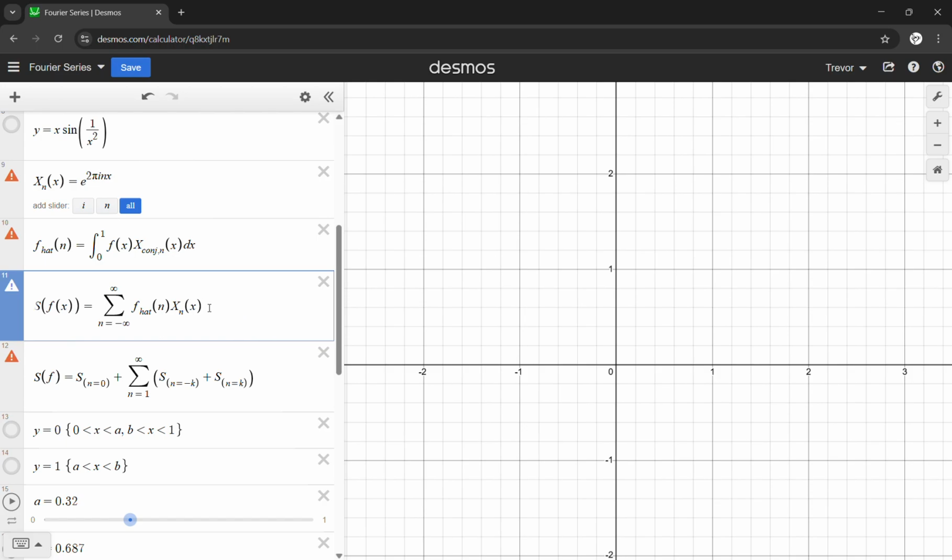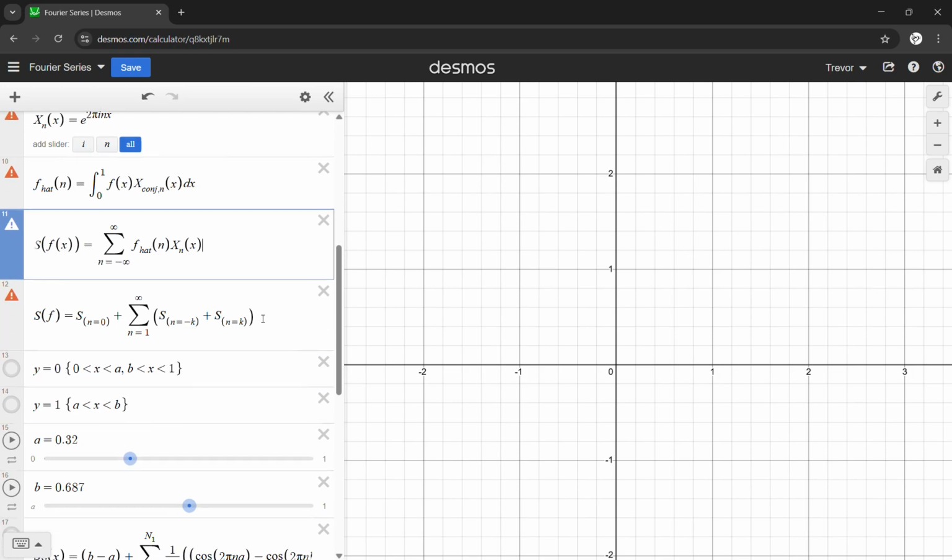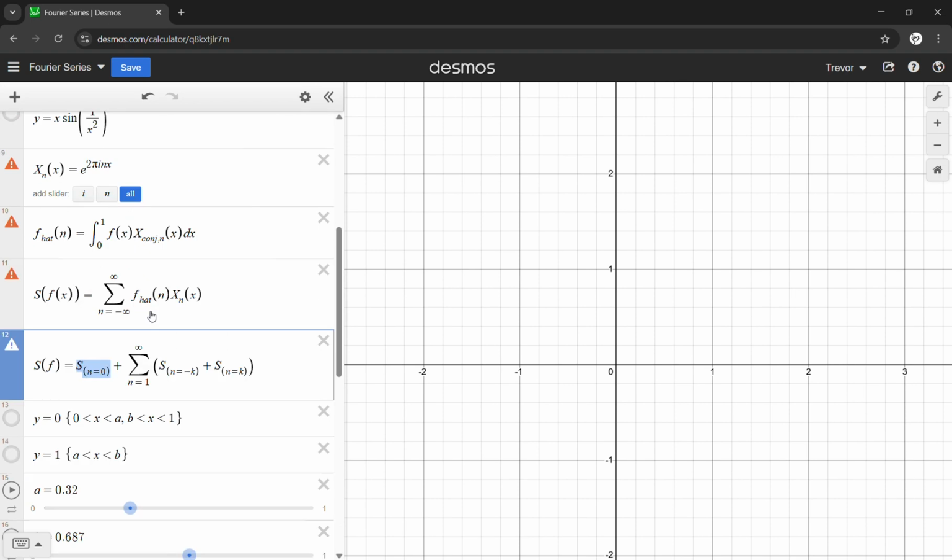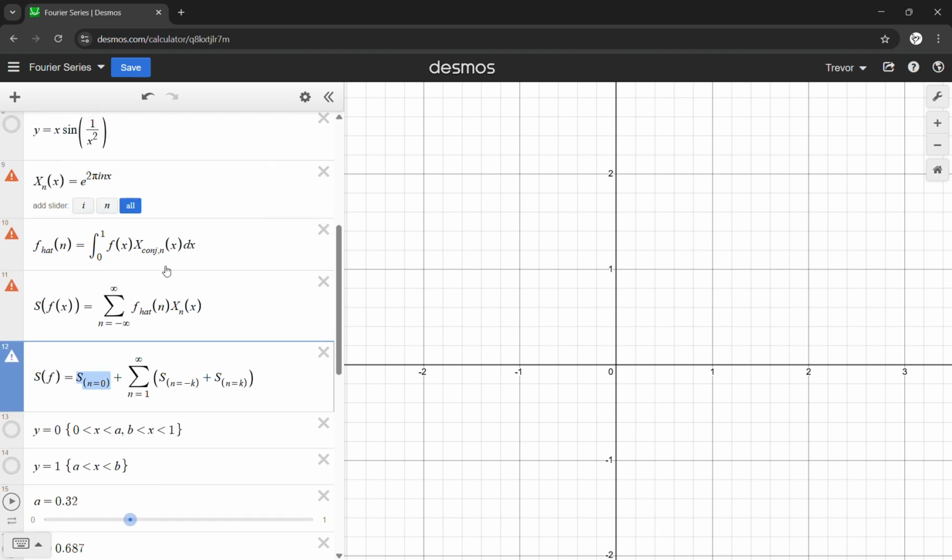And what's crazy about this is that whenever you do this series, even though this f hat is complex valued, even though this chi, for each n, is complex valued, whenever you do the whole sum, it's going to turn out to be real valued. And I thought that was crazy, because you have the 0th term that you put in front, and here you can see if you put in n equals 0, you'll just get 1 here, because e to the 0 is 1.